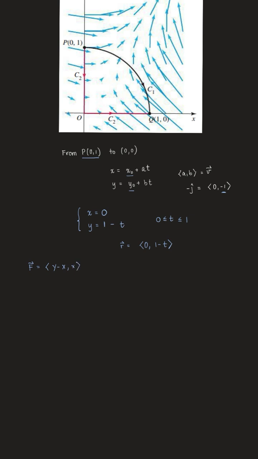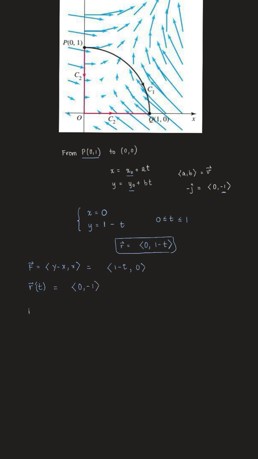So I'm going to use the components of r to rewrite our vector field: y minus x is just going to be 1 minus t minus 0, and x is 0. Now we also need r prime of t, but r prime of t should just be our direction vector of our line segment. It's going to be 0, negative 1.